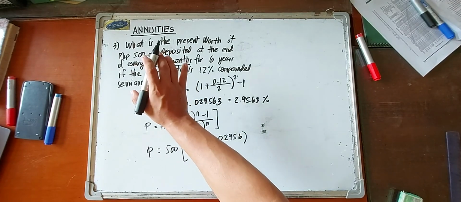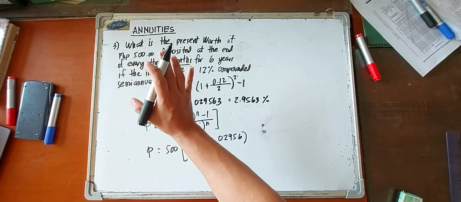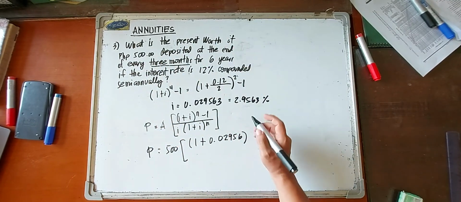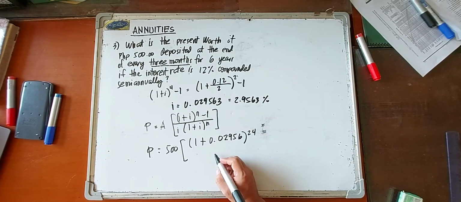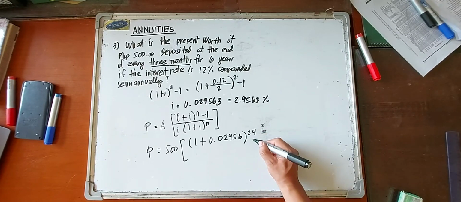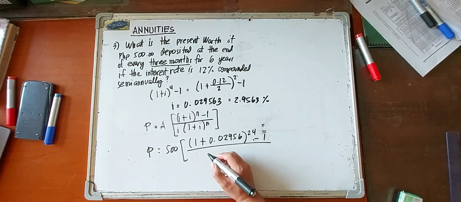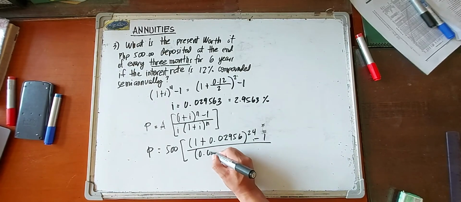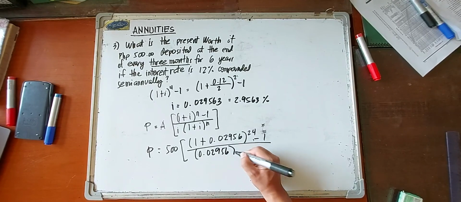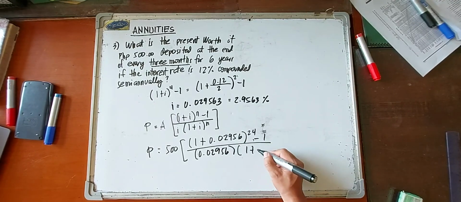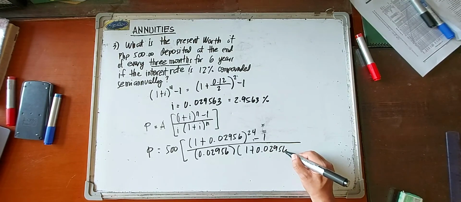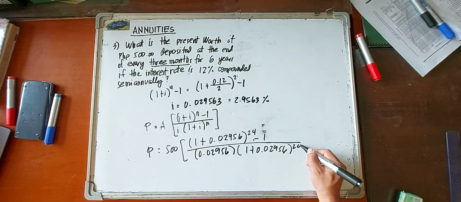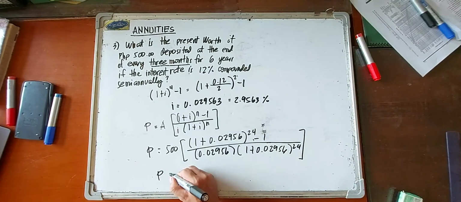So every year nagpabayad ng 4 na beses for 6 years. Yan. So we have 24. Minus 1.